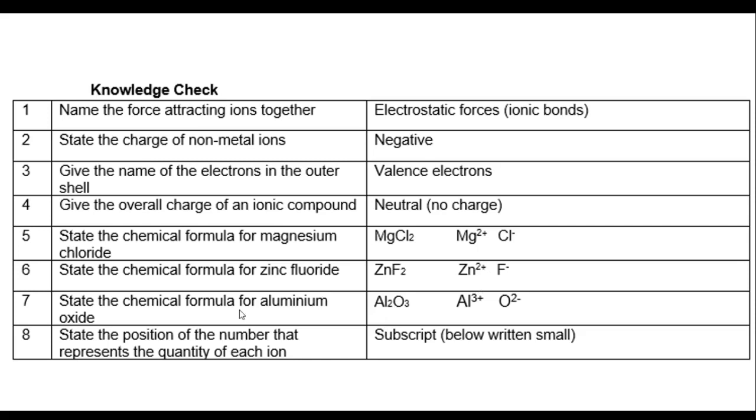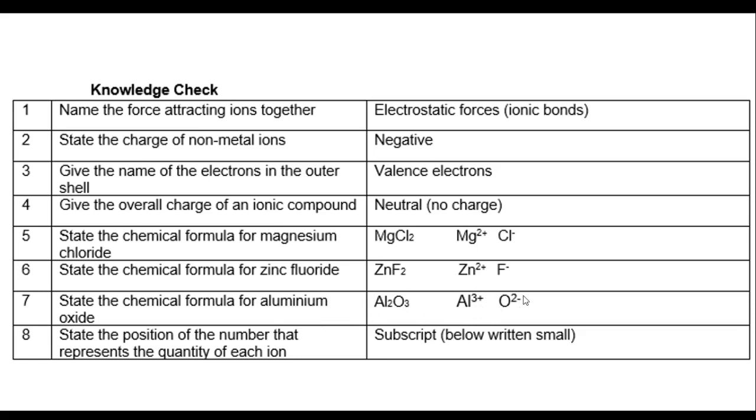The formula for aluminium oxide is Al2O3, because the aluminium ion is 3+ charge, and the oxide ion is 2- charge.